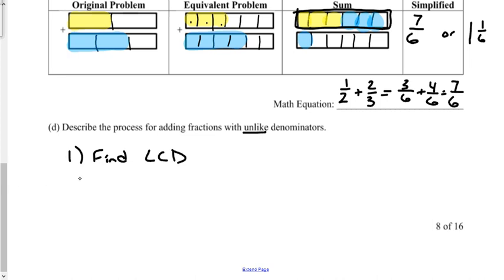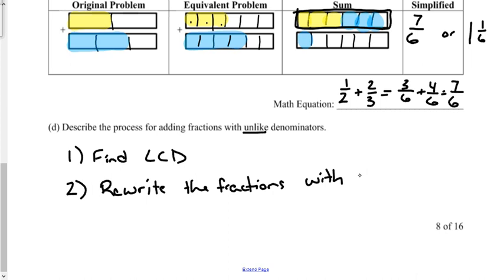After we have the LCD, then we rewrite the fractions with our least common denominator, with that common denominator.